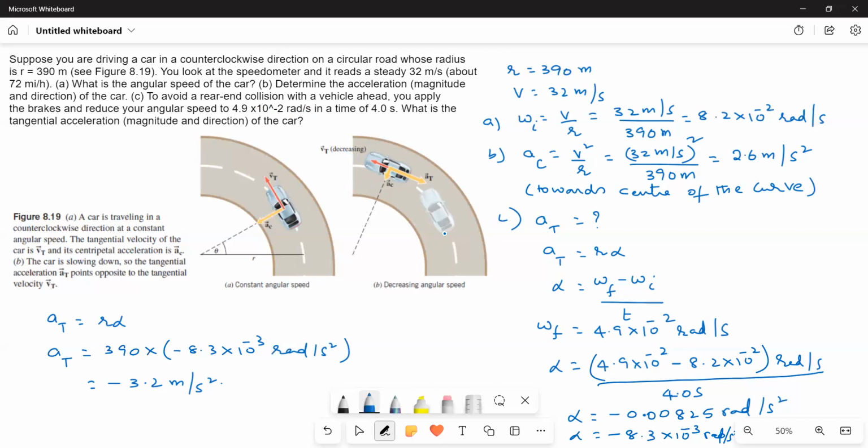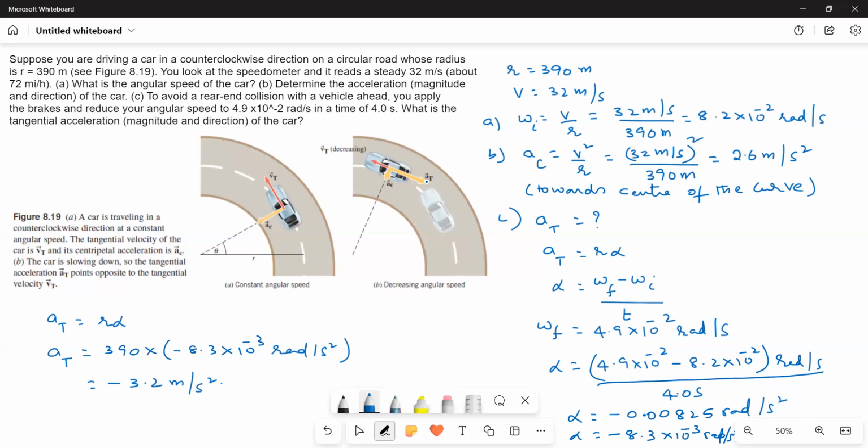The velocity is always tangential to the circle, because the object is traveling in a circular path. The linear velocity will be tangent to the circle, so that is why it is called tangential velocity. We took the tangential velocity as positive, and as the vehicle is slowing down, the acceleration is opposite to the velocity.